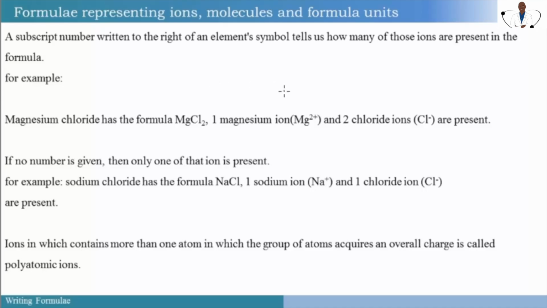So normally, when the number is 1, you do not see it. It is ignored. So for example, Mg, the 1 would not be shown, but the Cl that carries 2 will be shown. So any number that is greater than 1 will be shown, but 1 you will not see.